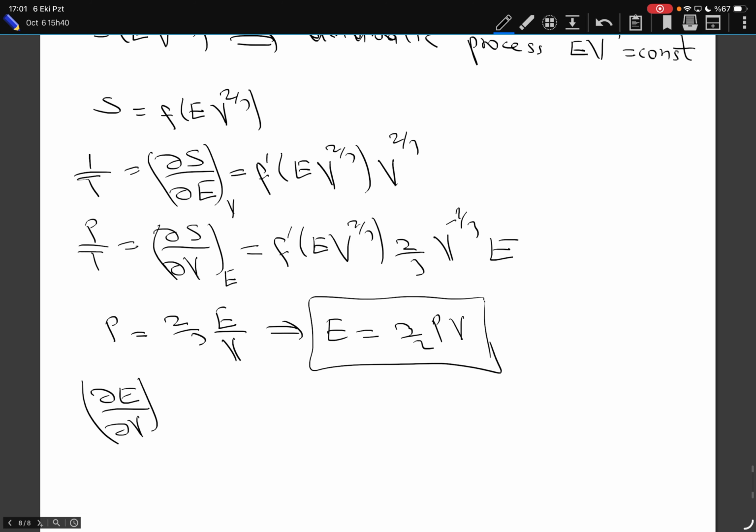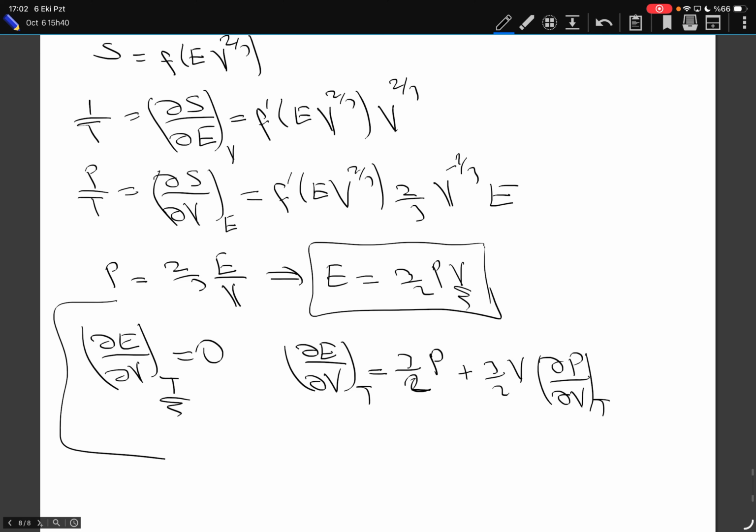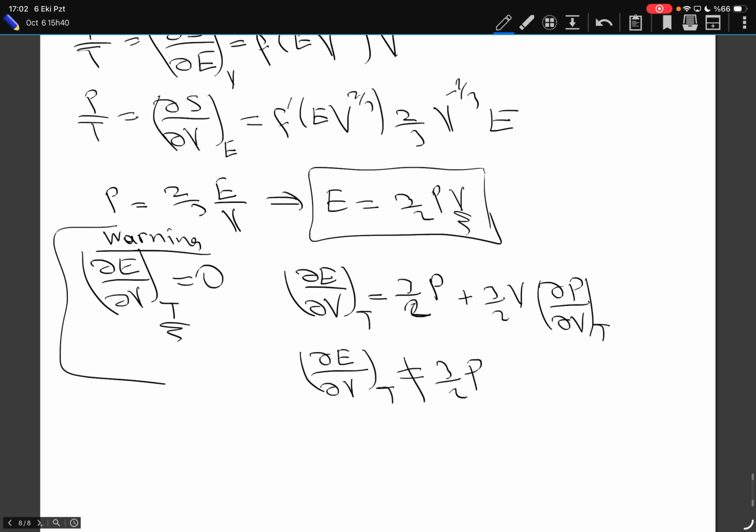So this will still be 0. So just by looking at, oh, there's the V over here, its derivative with respect to V is whatever the coefficient is, if you do that, you will make mistakes. That's just a warning. So just pay attention to what you are keeping constant. It will tell you what other things you are not keeping constant. Like in this derivative with respect to V, I'm not keeping P constant.